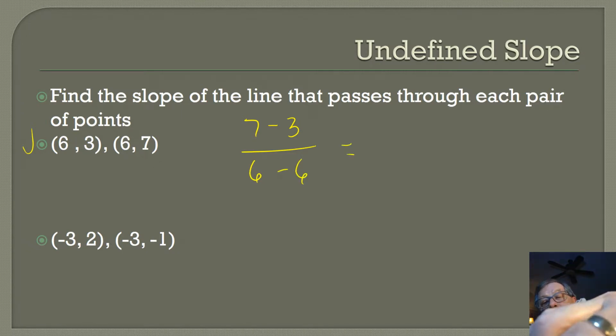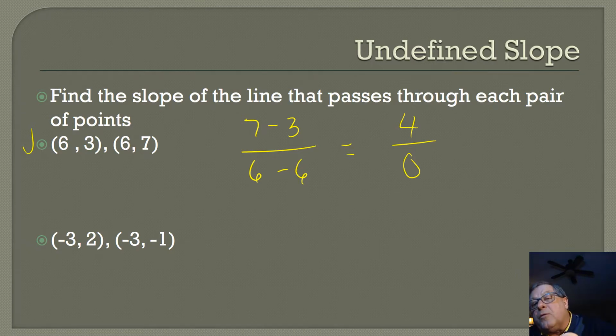As we start to solve this, 7 minus 3 is 4, but 6 minus 6 is 0. And so here I'm about to try to divide by 0, which we can't do. That's undefined.